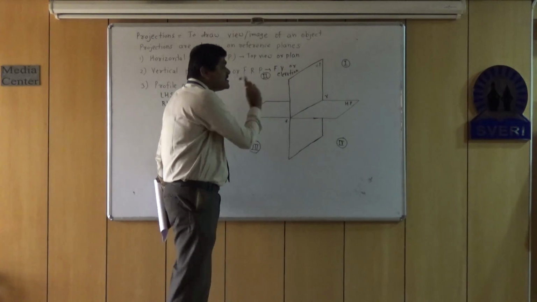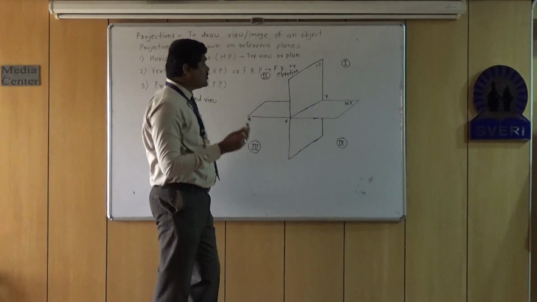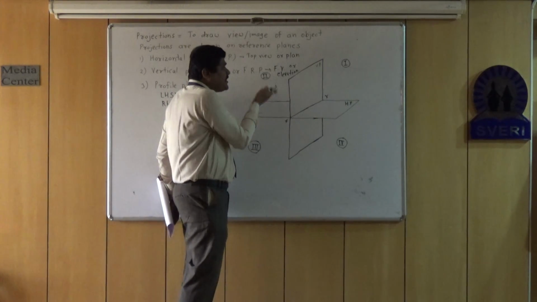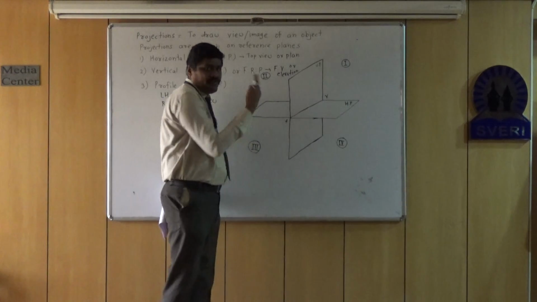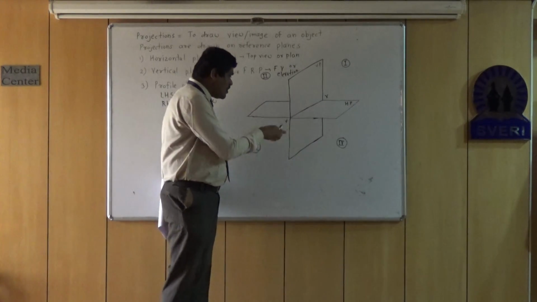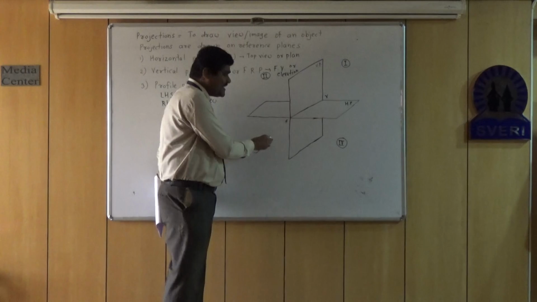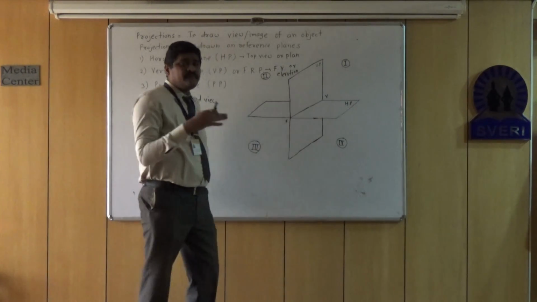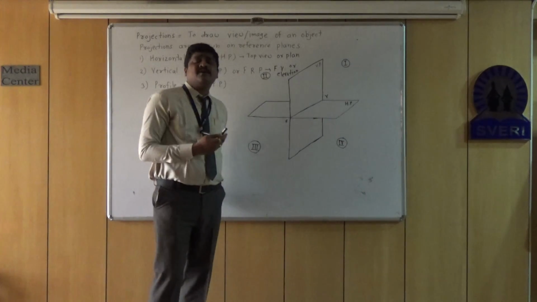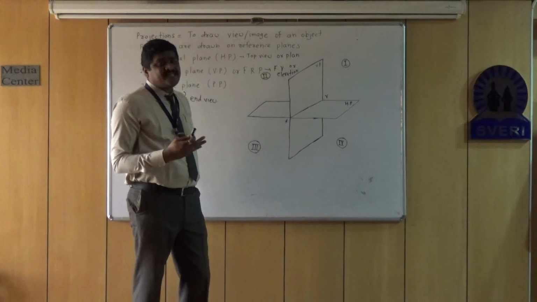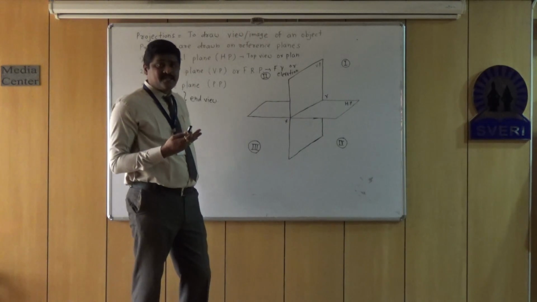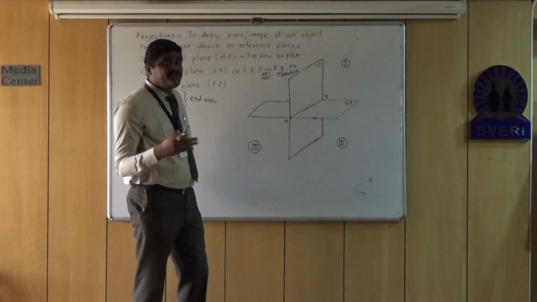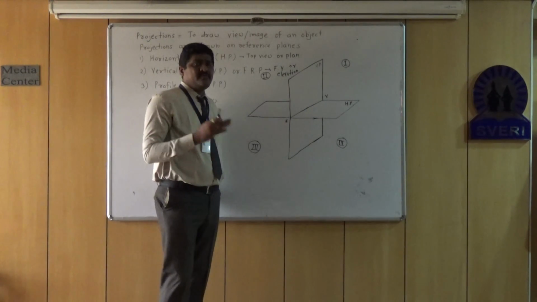This is the second quadrant. An object in the second quadrant can be described as above HP and behind VP. Similarly, an object in the third quadrant can be described as below HP and behind VP. If we imagine that the object is situated in the third quadrant and draw its projections, then we say we are using the third angle method of projection.